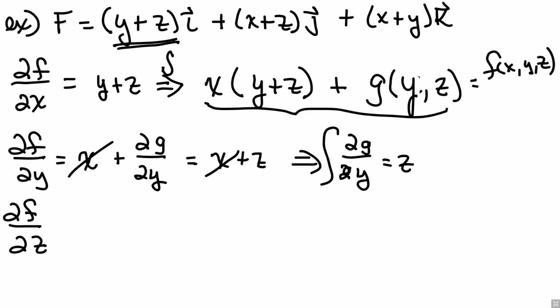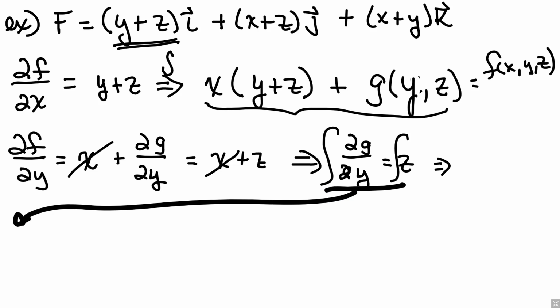Now, if I integrate this with respect to y, that's going to give me that. Let me remove this little bit so that I have more room. So we're going to have the partial of g with respect to y is equal to z.